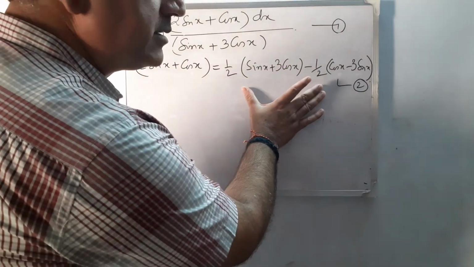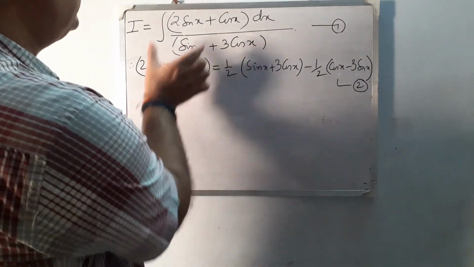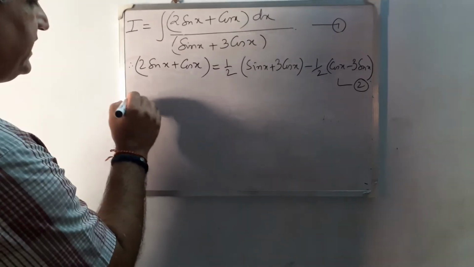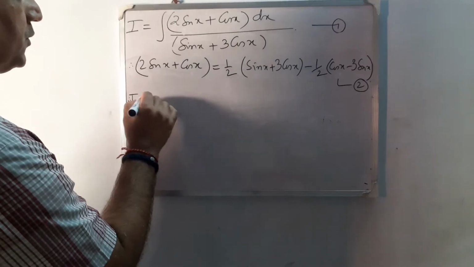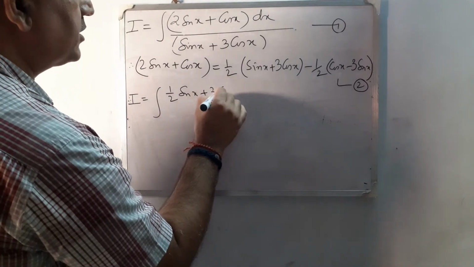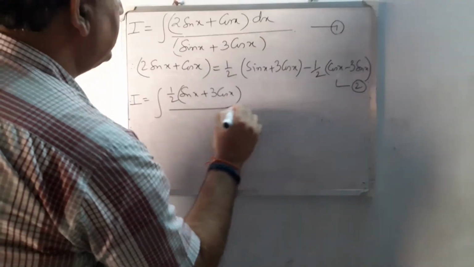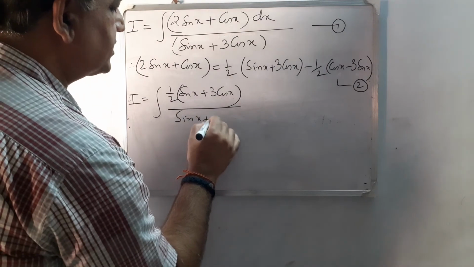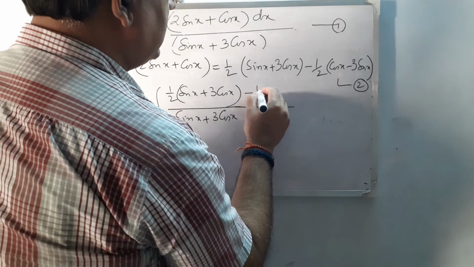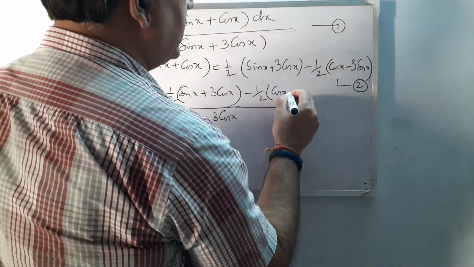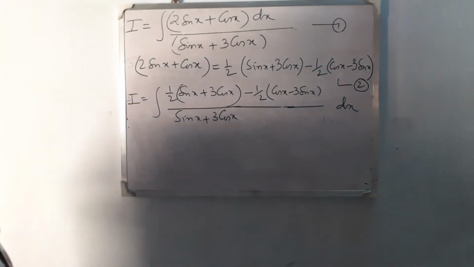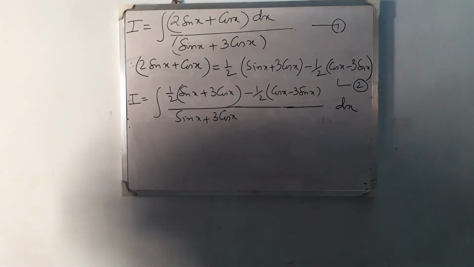Now once you get these values, you should write the numerator as this, so that this integral is easily integrable. Therefore I is equal to the integral of half times sin x plus 3 cos x by sin x plus 3 cos x, then minus half times cos x minus 3 sin x, and then at last dx. Now break this integral in two parts, this by this.